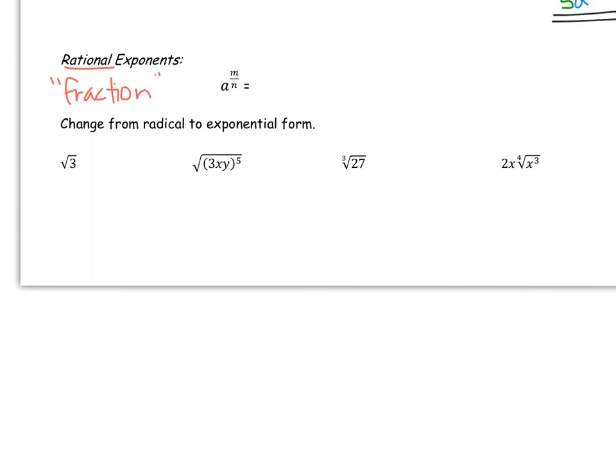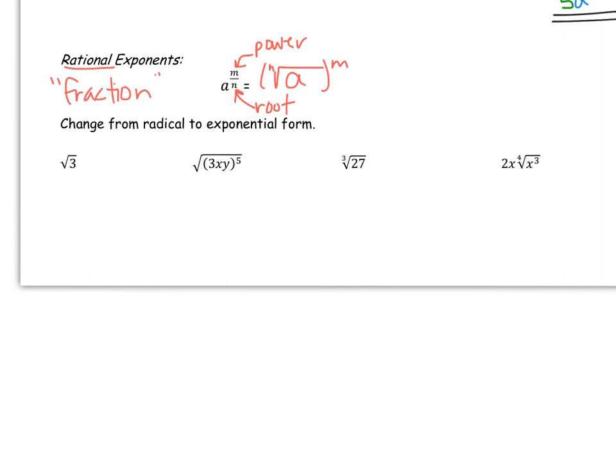Now the key for this is that the m stays the power of your radical, and the n is what creates that root value. If you want to rewrite that in radical form, or just to see how you'd evaluate it, you keep your base of a on the inside, but then n goes in that corner. That's the root you're taking. And you raise that entire amount to the m power.